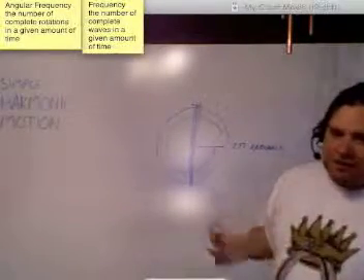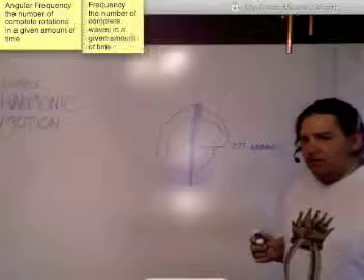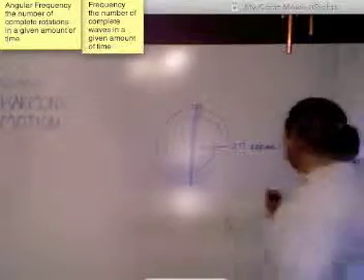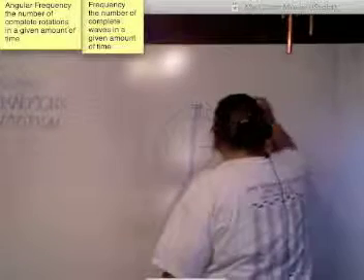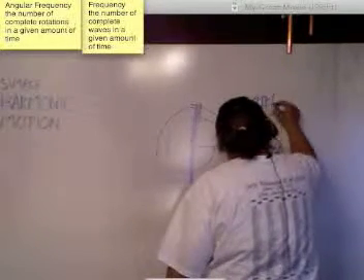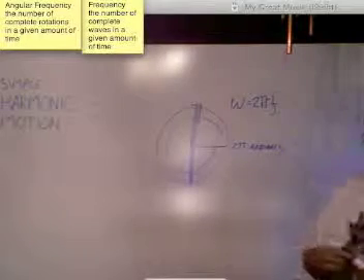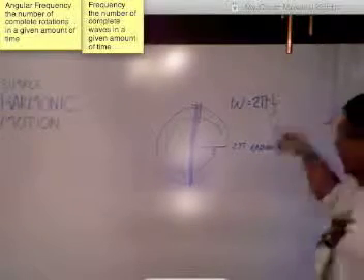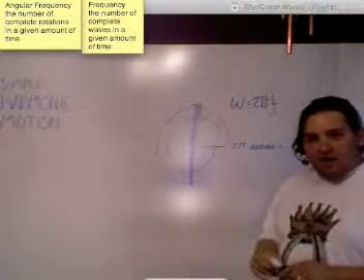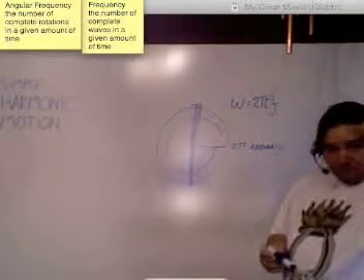Now I'm going to give you the mathematical symbol for angular frequency. The relationship between the two is that this term right here, this W, is actually what's known as an omega.